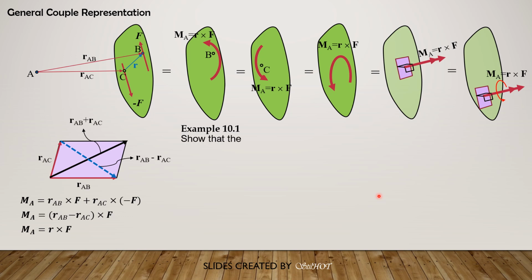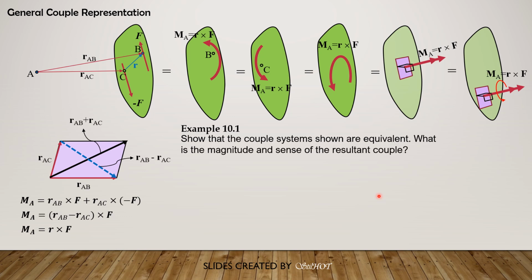So let's have this example. Show that the couple systems shown are equivalent. So what is the magnitude and sense of the resultant couple? Let's prove that the resultant couple for each case is the same.